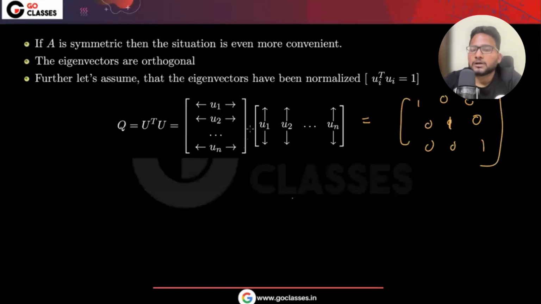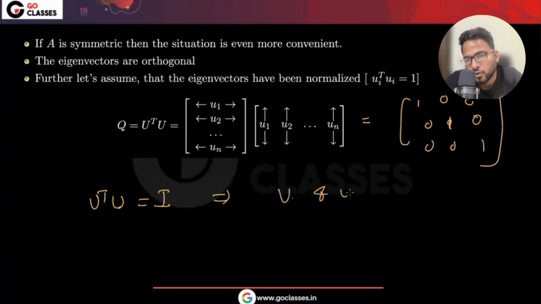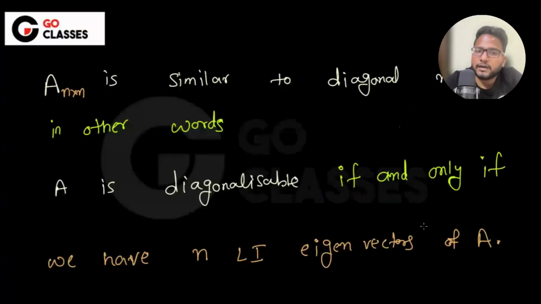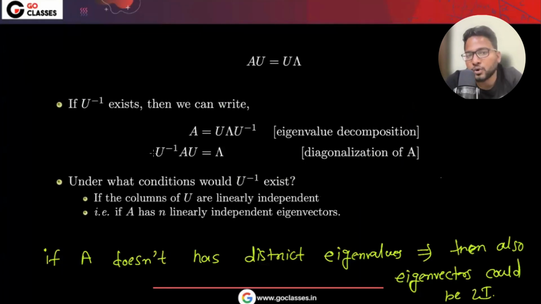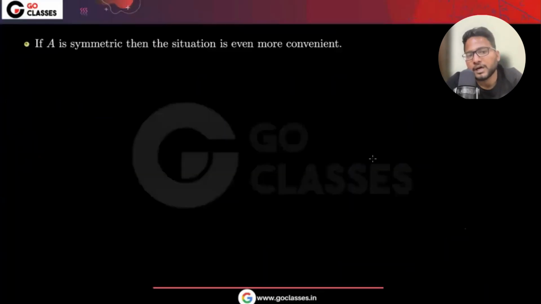So if U transpose U is identity, then U and U transpose are inverses of each other. Which means that earlier, where we had to write U inverse, we can replace U inverse by U transpose, only if A is a symmetric matrix. What I'm trying to say is that if A is symmetric, then the situation is even more convenient.